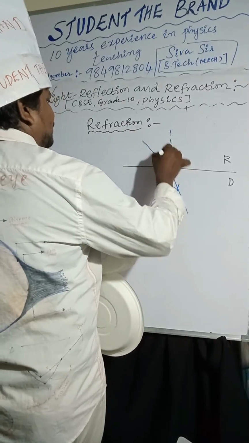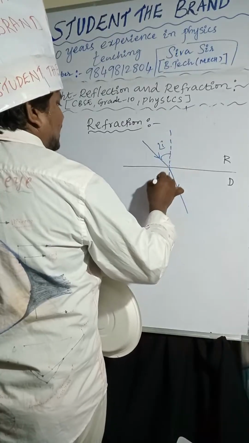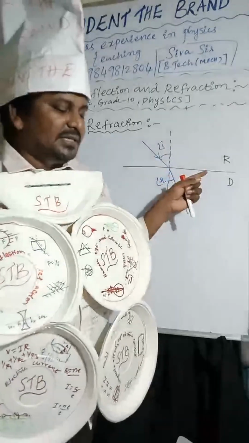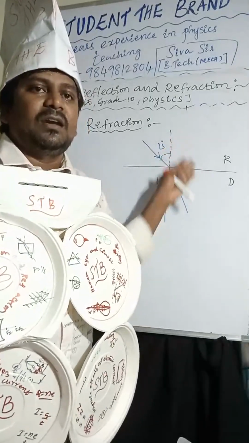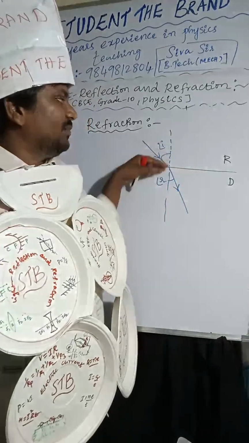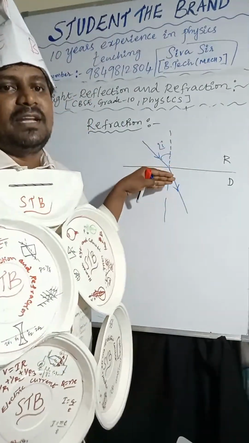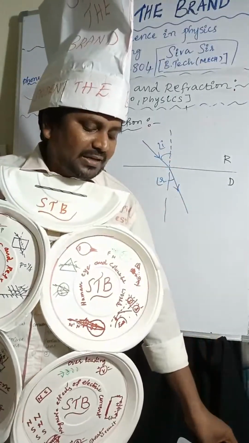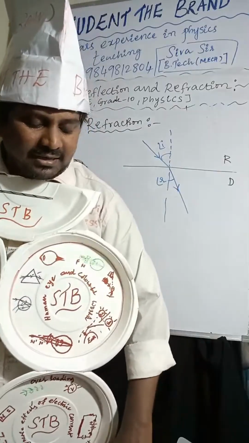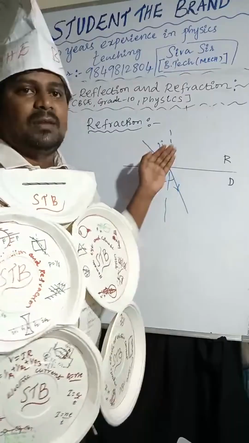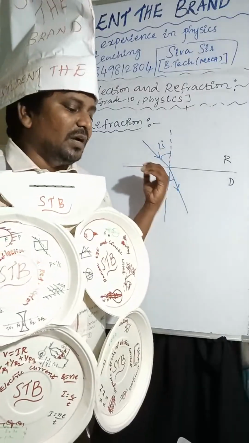At the point of interference, the light ray will bend towards the normal line. That is called refraction.